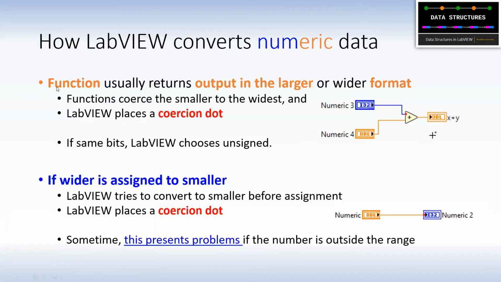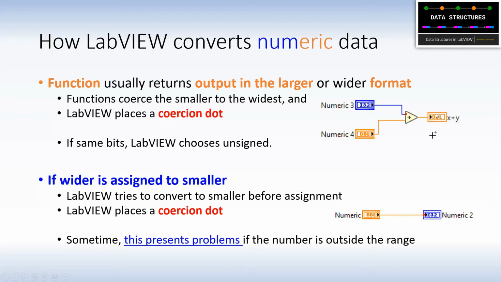So if you connect a data type which is lower in range but higher output, it does something on its own. Usually with functions like these, when you supply, for example, an I32 number and add it with a double number, it does not output I32.